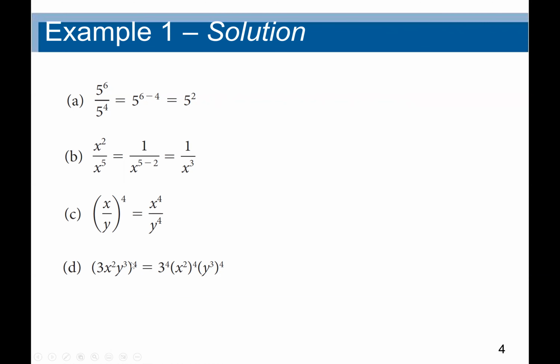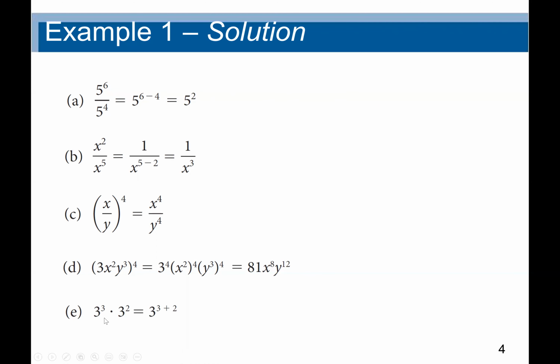The rule says that if we have x or any value raised to a power and raised to another power, we multiply all the powers. So here we get x squared times 4, then y cubed times 4. And our final result will be 3 to the power 4 is 81, 2 times 4 is 8, and 3 times 4 is 12.